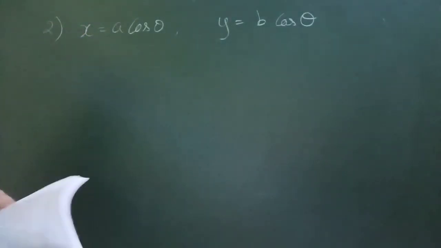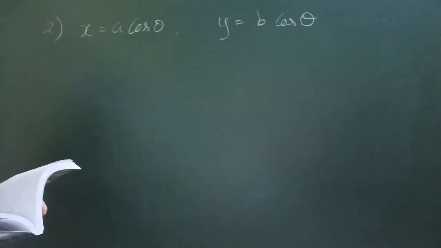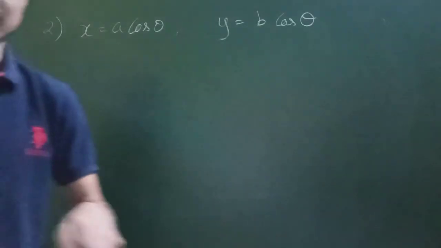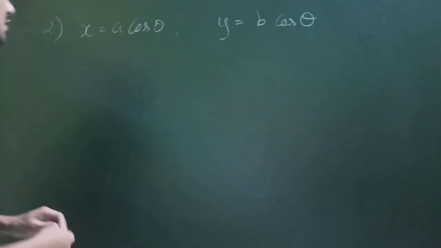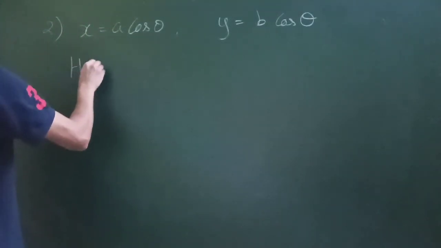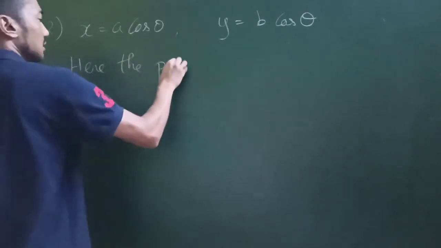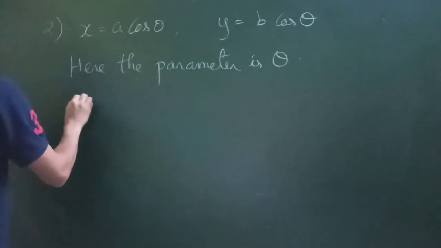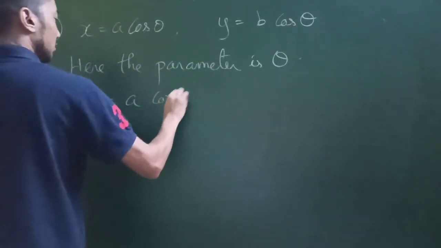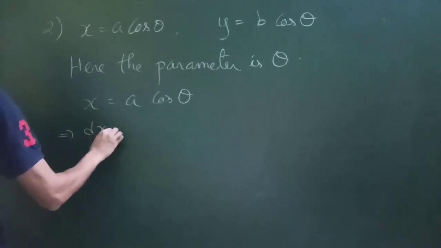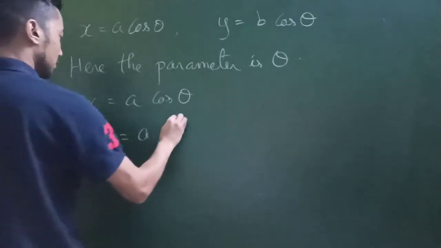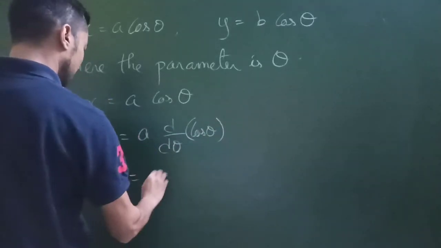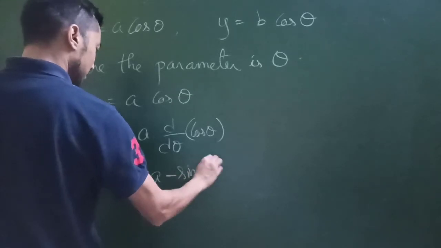Did I write down the question correctly? Yes, a cos theta, b cos theta. No problem. Let's differentiate. The parameter is theta. So x equal to a cos theta. We differentiate this with respect to theta. Constant a, derivative of cos theta with respect to theta is minus sine theta.